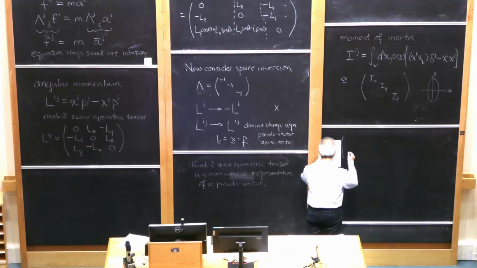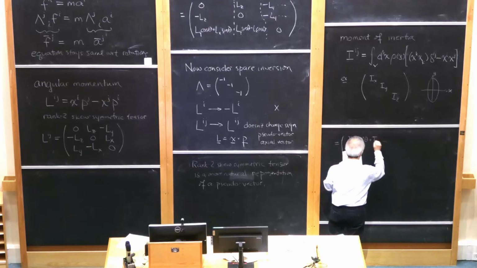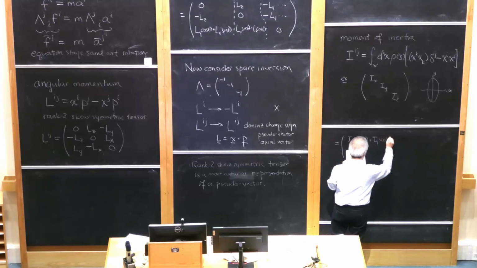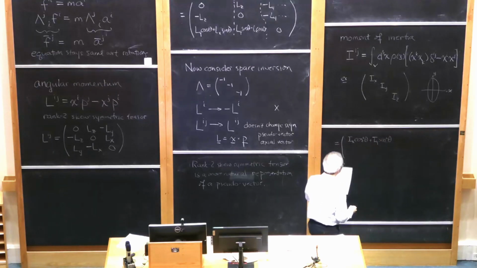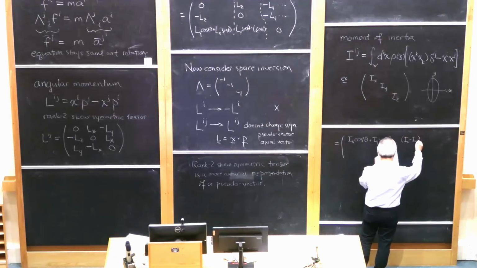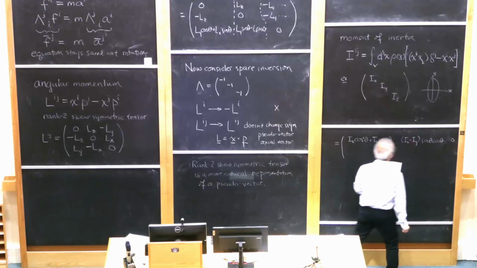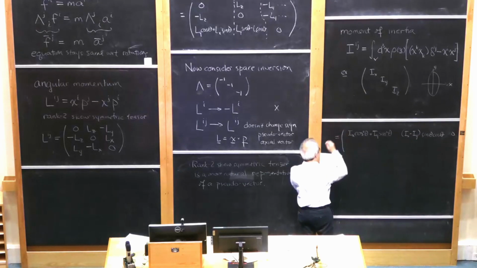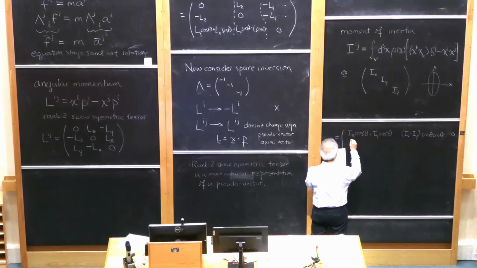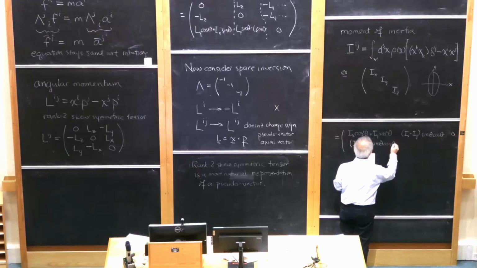What you will see in the end is, let's see, you'll get an Ix cosine squared theta plus Iy sine squared theta, right? Then over here you'll have Ix minus Iy sine theta cosine theta, then you get a 0, fortunately. Right. Over here you'll get pretty much the same thing, right? Ix minus Iy sine theta cosine theta.